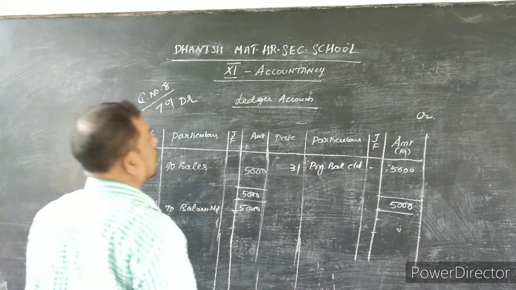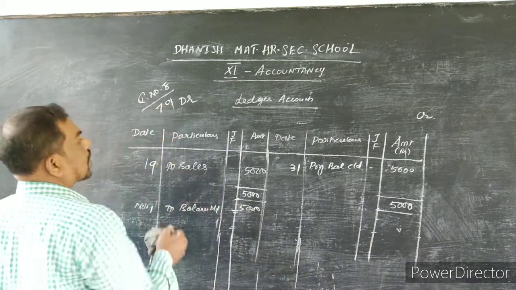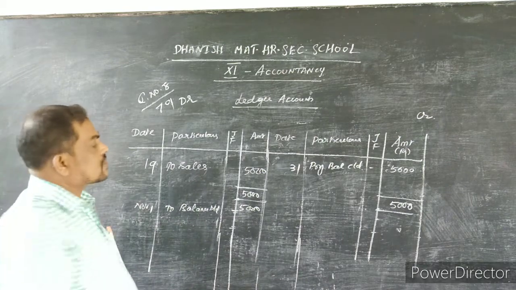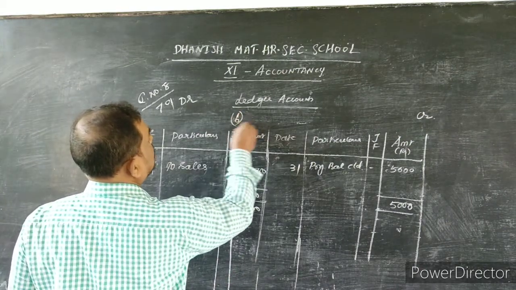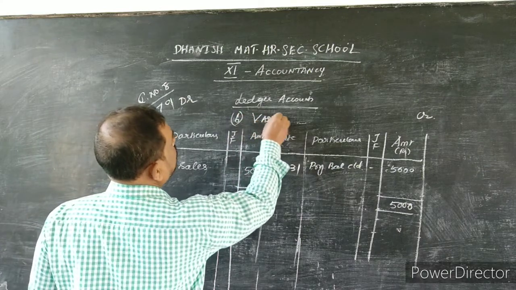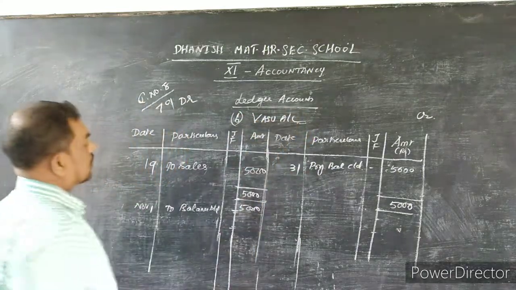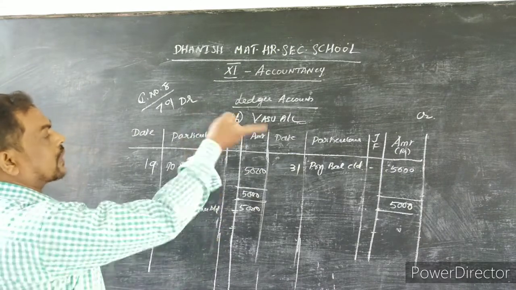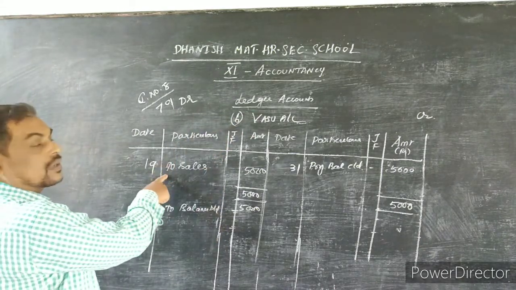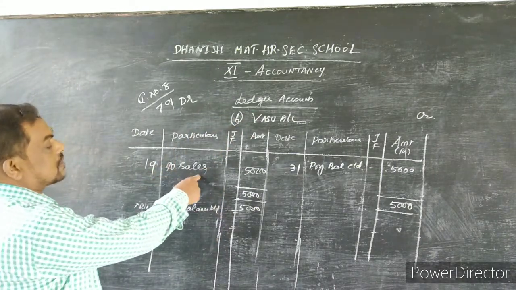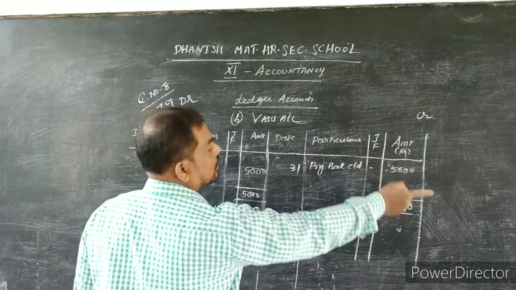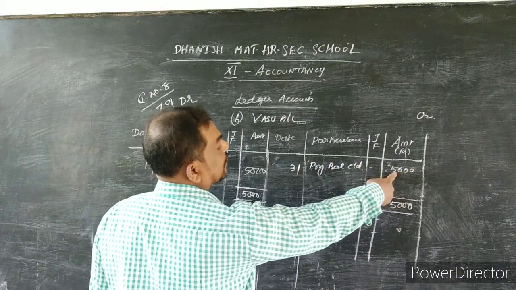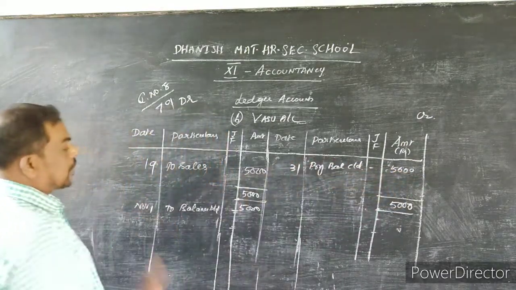Okay. This ledger account is called Vasu account, the 6th account. Vasu account debit, that's why the entry comes on the debit side, to sales 5,000. The same 5,000 will come here as the closing balance, and it will come in the opening balance.